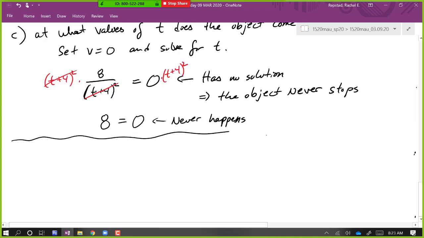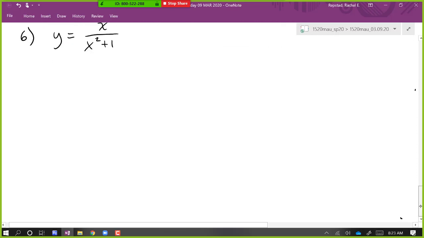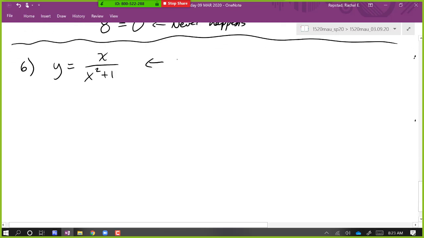In number 6, they give us the equation of a curve, y equals x over x squared plus 1, and we want to know at what points does this curve have a horizontal tangent line? So at what points is the tangent line horizontal?